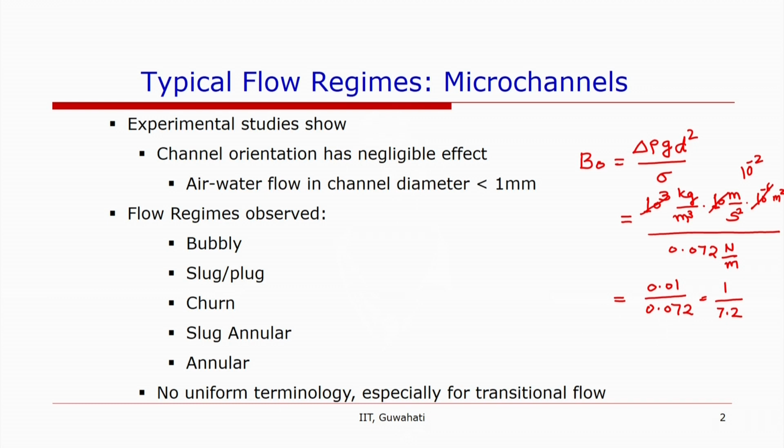But if we look at the literature which has been there for quite a few decades, at least 2 decades, there have been a lot of publications on flow regimes in microchannels and a few reviews in the last decade.